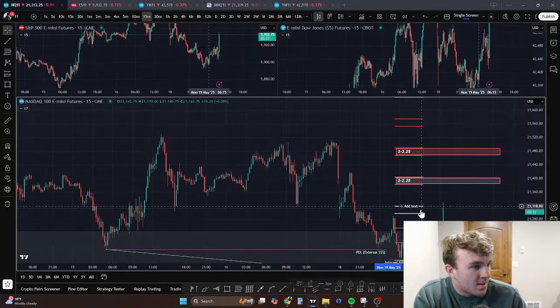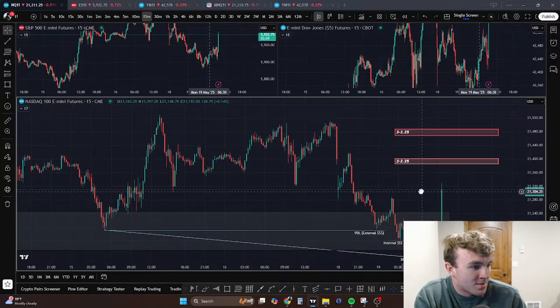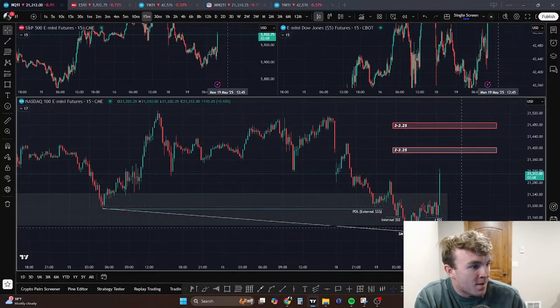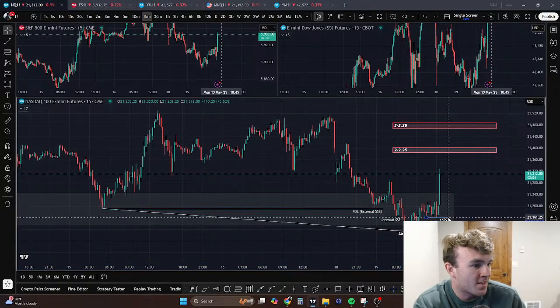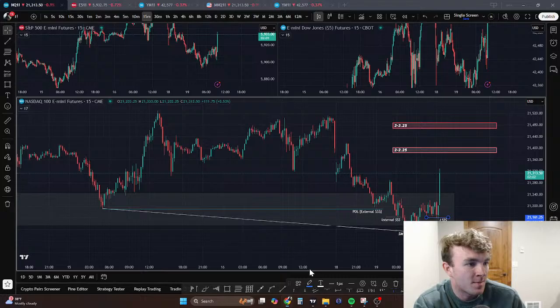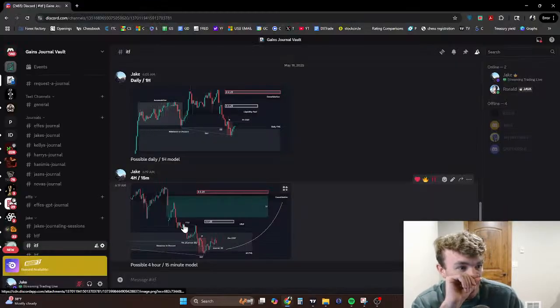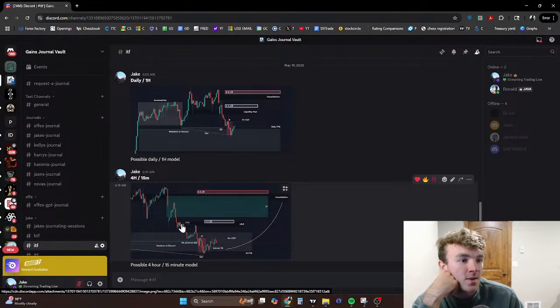Okay, so like I said, this is kind of cool. Look at this, Etsy. I framed this model earlier this morning. This was part of my higher time frame analysis I did this morning. I said at the very least we're probably gonna go run that LRLR here, and you can see we did that.